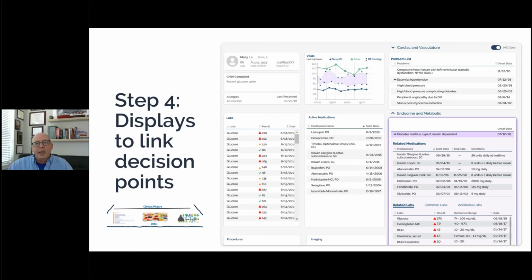And then lastly, what we would really like to do is get to a problem list that can associate all sorts of relevant information in the chart for us. We want a problem list that says, back to that triangle that I showed earlier that you see on the bottom left here, hey, here's a problem, and relevant to this problem, here are the medications that you might want to focus on if you're focusing on these problems. Here are the labs that you might want to focus on if you're focusing on these problems.